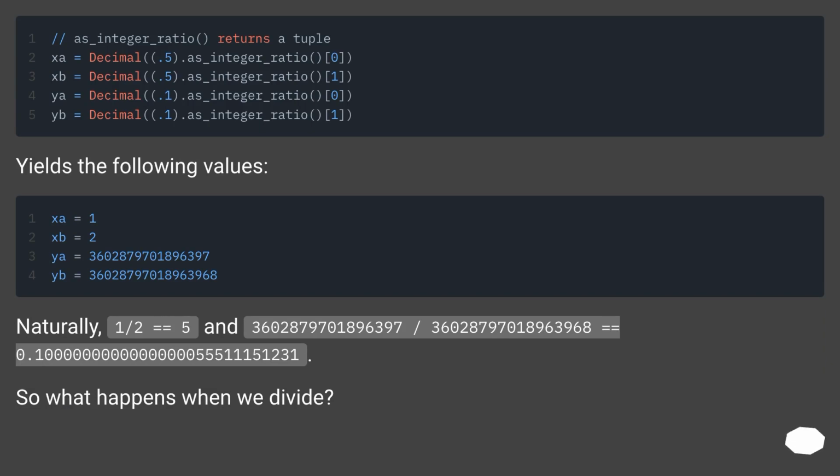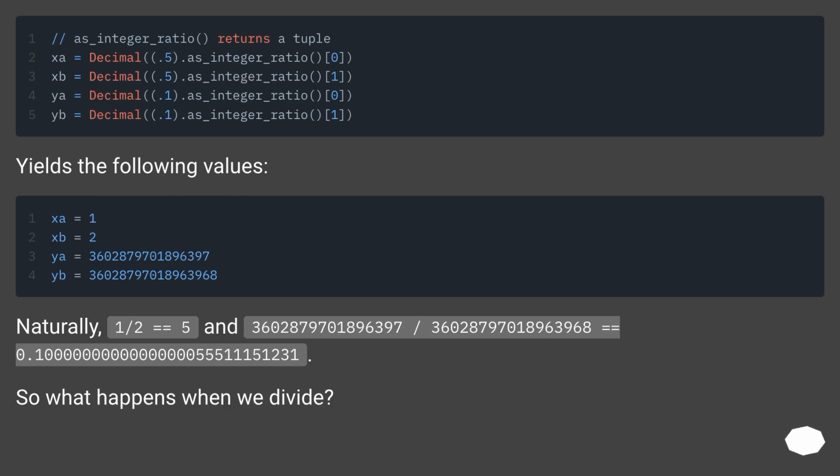Naturally, half equals 5, and .1 equals 3602879701896397/36028797018963968, which is 0.1000000000000000055511151231.